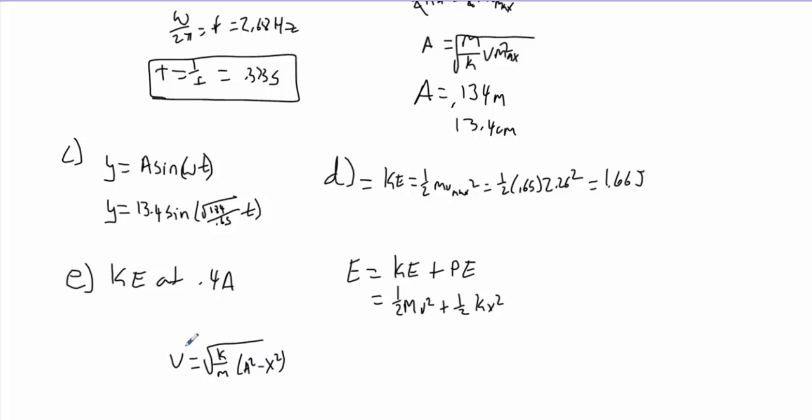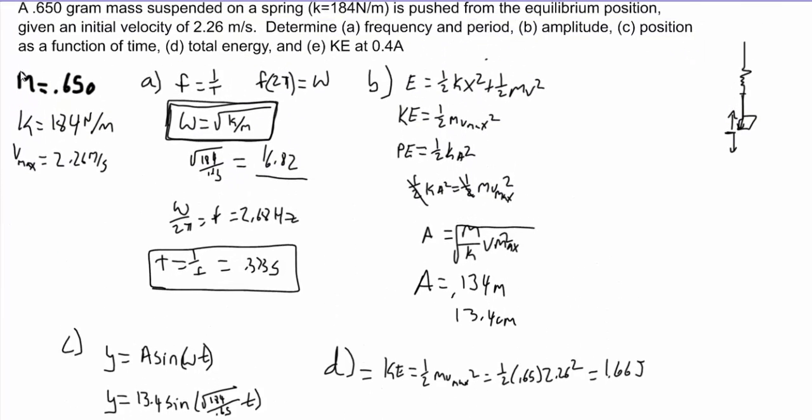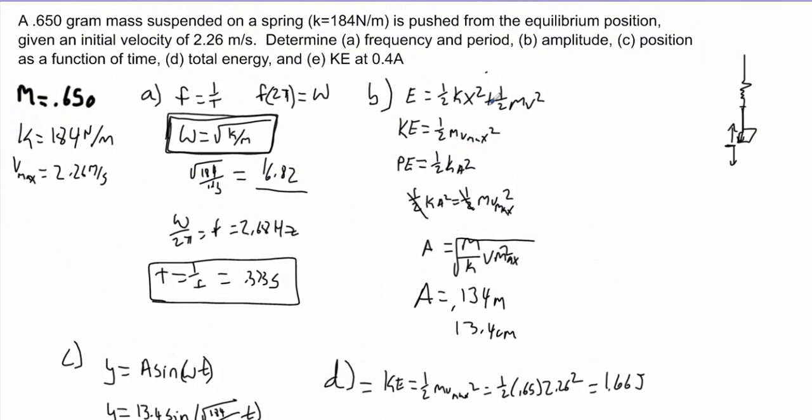Now this equation is not magical, it's just a derivation from right here, because this equation is equal to this equation is equal to this equation. If I just want to solve this equation for v, then I'm going to say, well, 1/2 k x squared plus 1/2 m v squared equals 1/2, and I'm going to use this one, k A squared. So if I solve this for v, I have 1/2 m v squared equals 1/2 k A squared minus 1/2 k x squared.